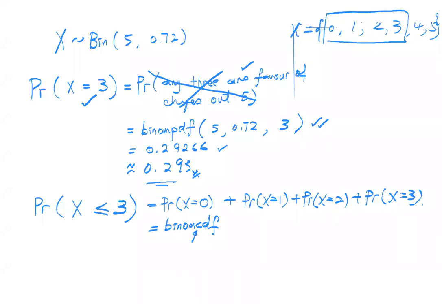Accumulated, add up from the lowest right up to the number equal. Are you clear? So I key in 5, 0.72, and 3. So that is the meaning of binom CDF. Start from the lowest 0 right up to the number.